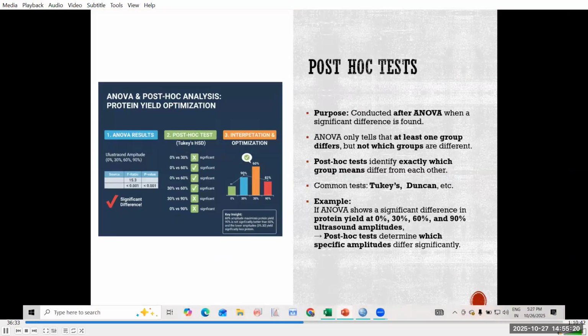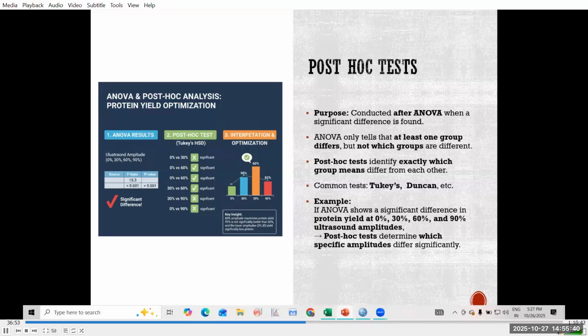But which temperature had a significant difference, we didn't see from the one-way ANOVA. Here comes the post-hoc test. This test makes the pairwise comparison while controlling error.